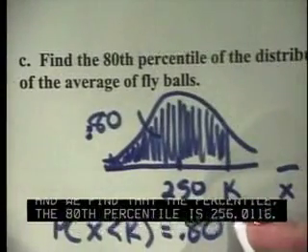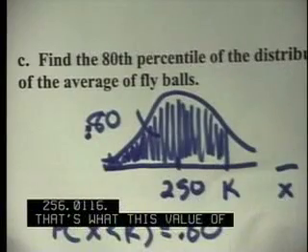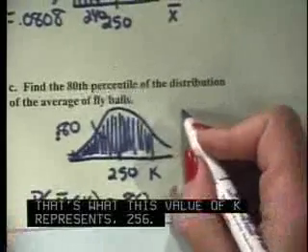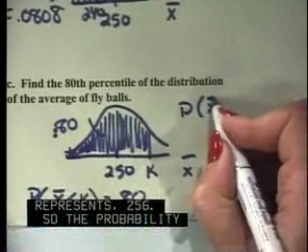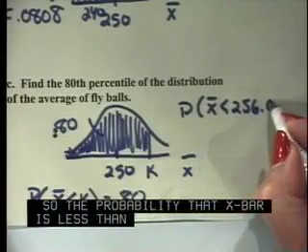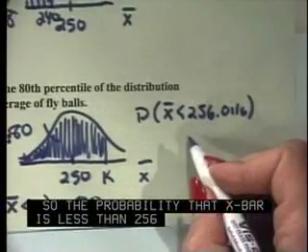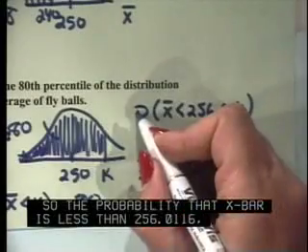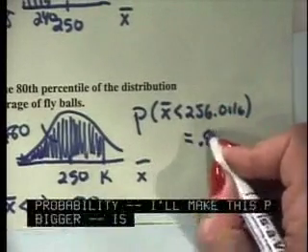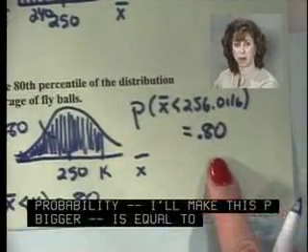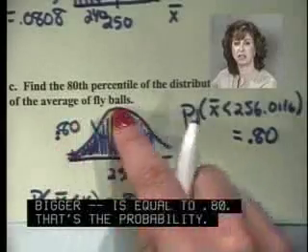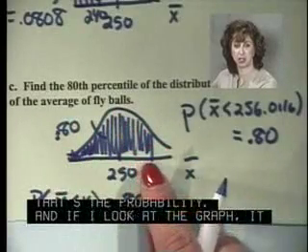That's what this value of k represents, 256. So the probability that x bar is less than 256.0116 is equal to 0.80. That's the probability. And if I look at the graph, it does look like I have 80% shaded in.